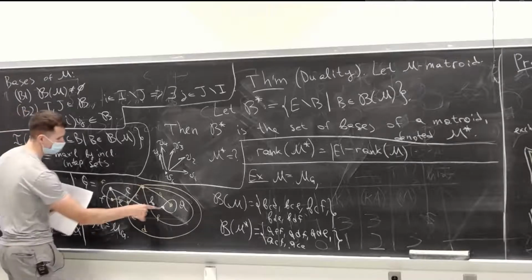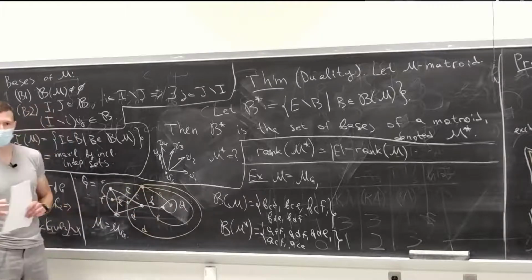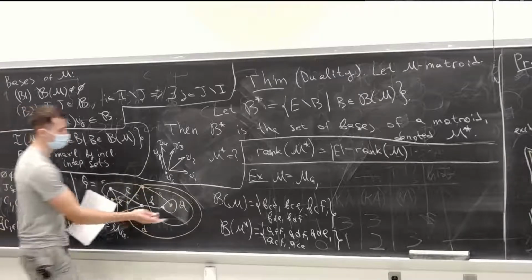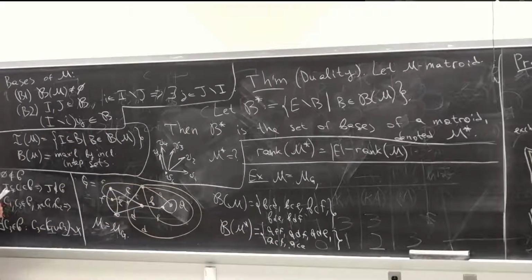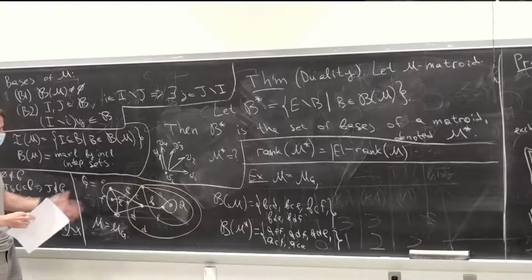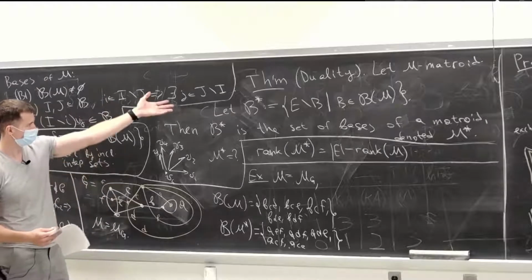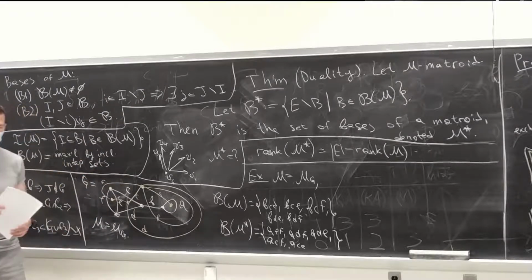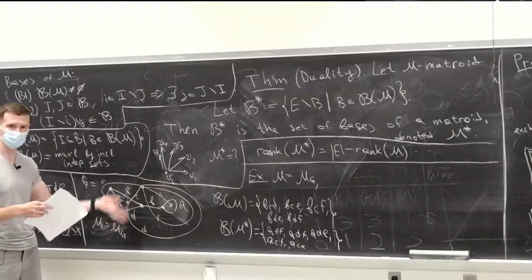Similarly, B was a coloop in the original graph, and B is a loop in the dual graph. And you can check that all these 5 bases are precisely the 5 spanning trees of the dual graph. So that's an example. That's a general theorem: matroid duality for planar graphs generalizes planar graph duality.